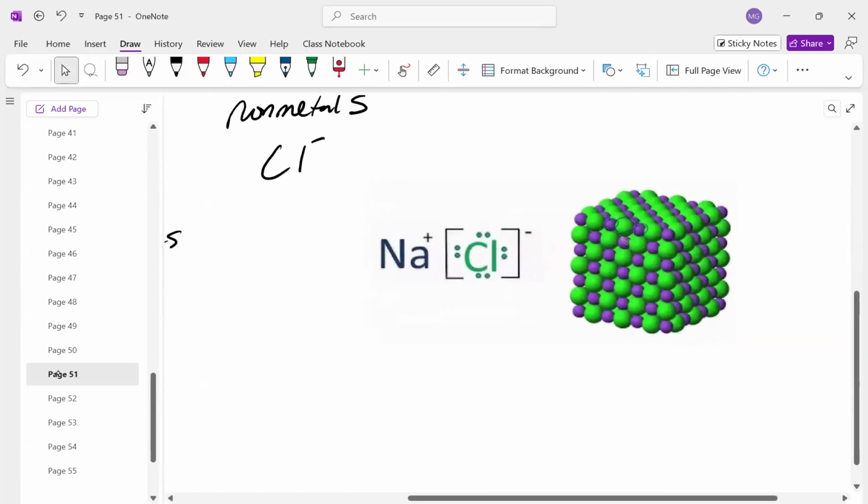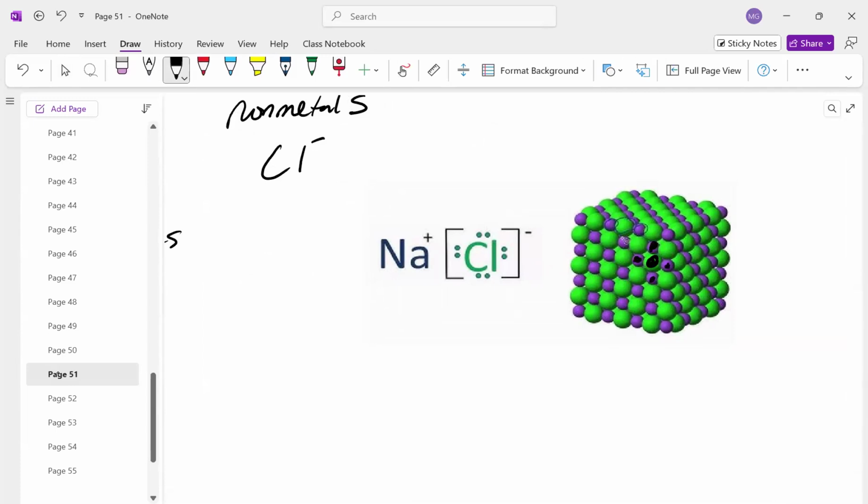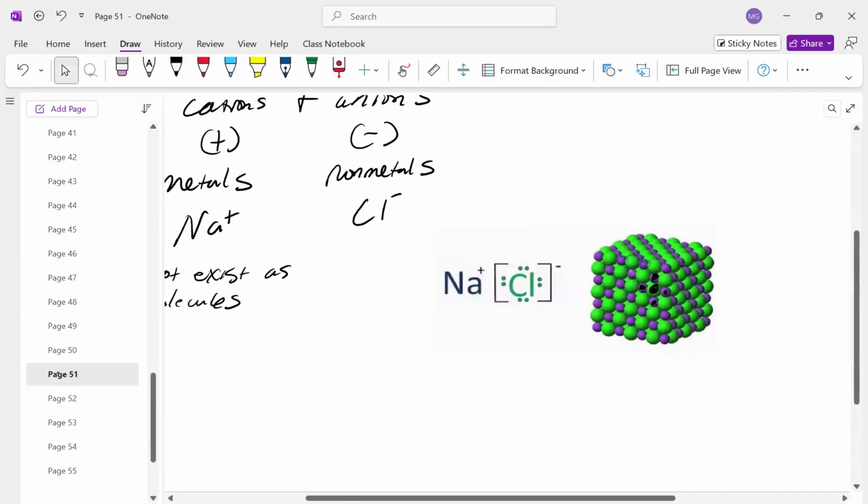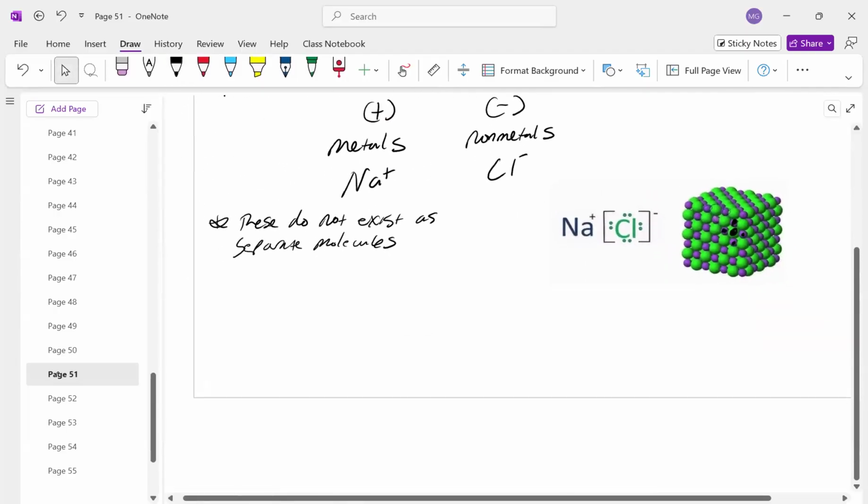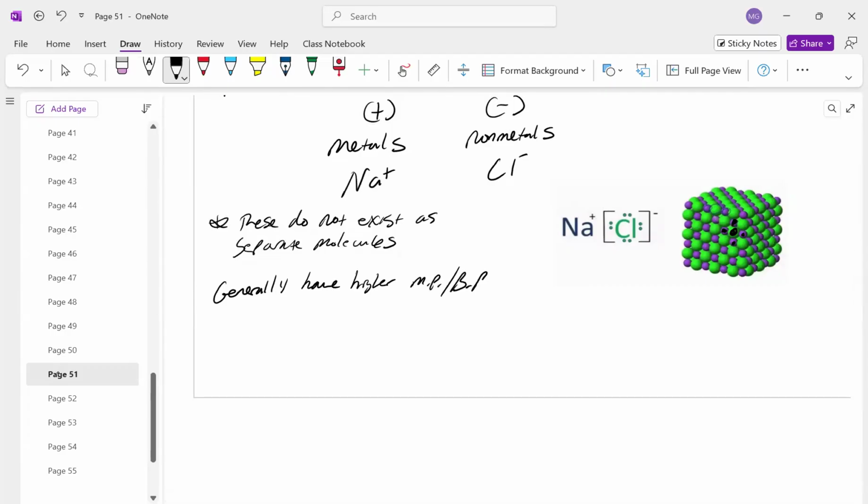And so a single chloride ion here is not bonded to just one sodium cation. There are plenty of sodium cations around it interacting. And because this is a much stronger, much more prevalent interaction, ionic compounds generally have much higher melting points and boiling points than molecular compounds.